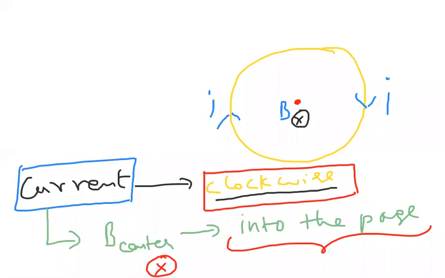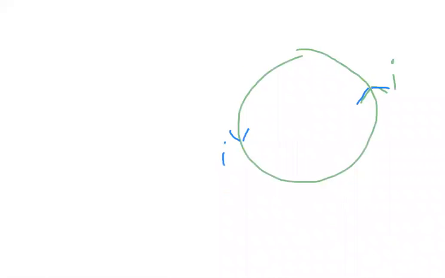Now if you observe the next one, in which direction is the current flowing? It is flowing like that, so you can easily assume that it is anti-clockwise, opposite to clockwise. So the current direction is anti-clockwise.